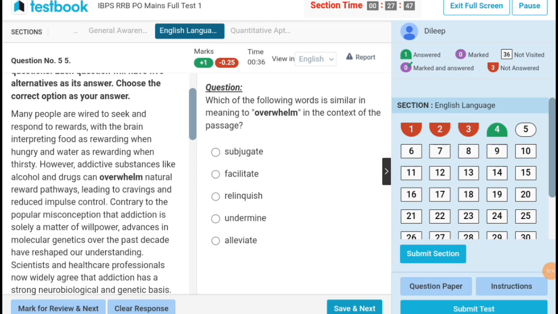Overwhelming, I think relinquish. Elevate, I think. Relinquish or facilitate.